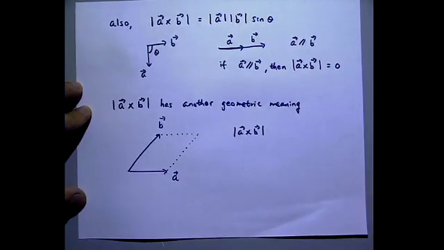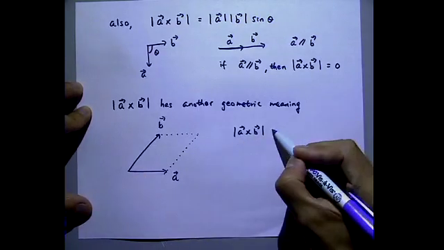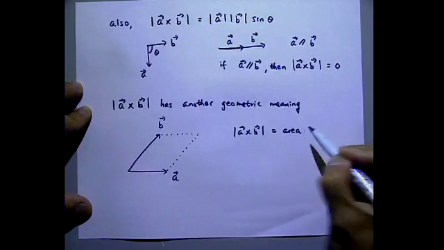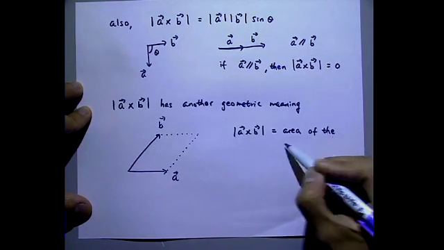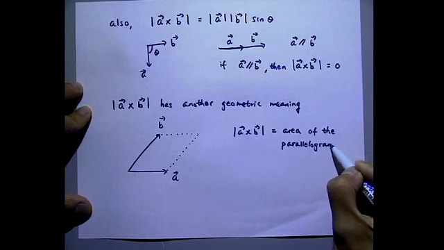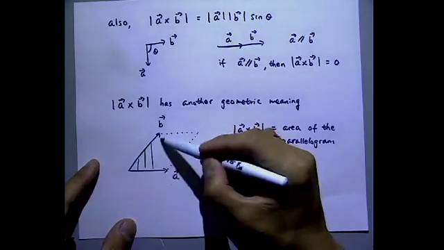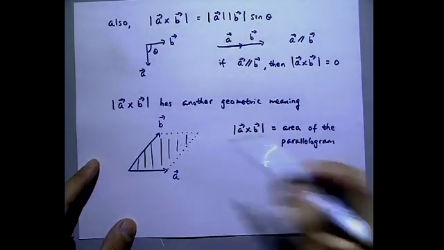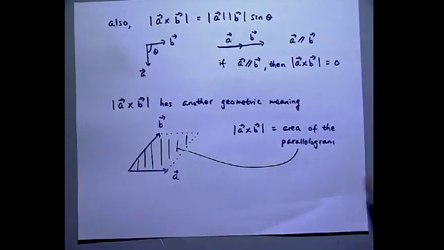It turns out that if you do the cross product, and then you find the magnitude, it turns out to be exactly equal to the area of the parallelogram. Right? So this shape here, the area turns out to be exactly equal to that.